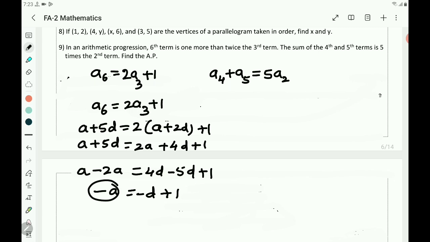Here you remove the negative sign, and the signs in the RHS also change. Then A equals D minus 1. Consider it as the first equation.